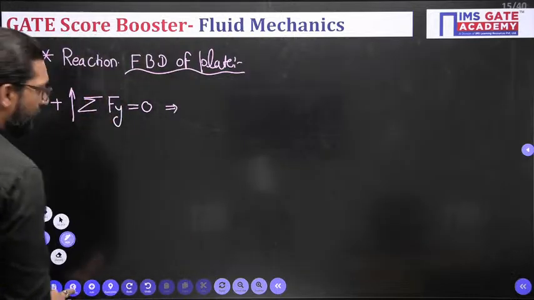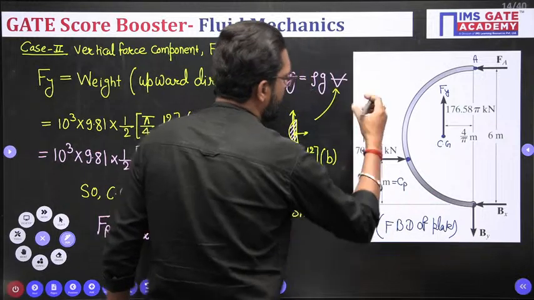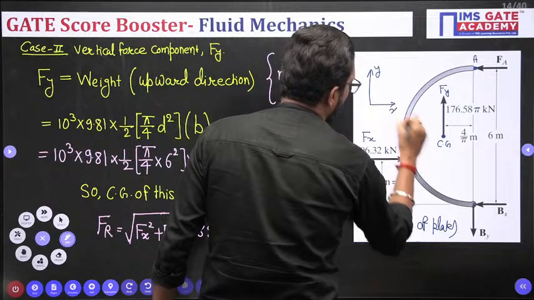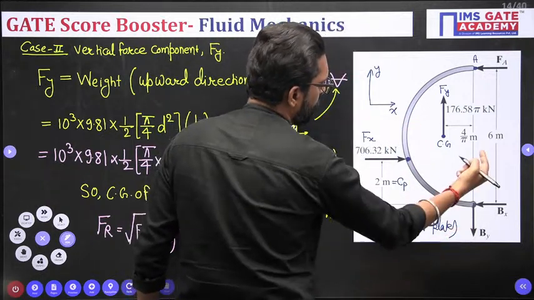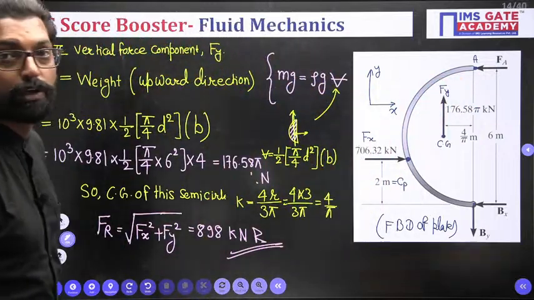This is the first static equation. Taking y in this direction and x in this direction, this is minus Bx.